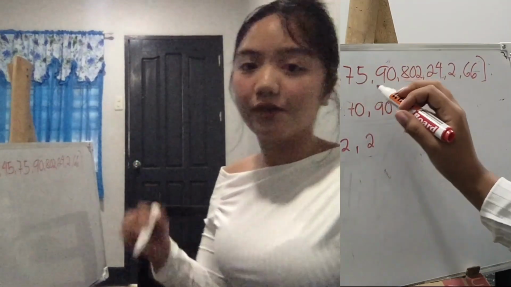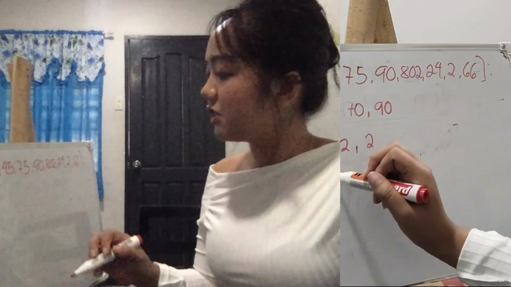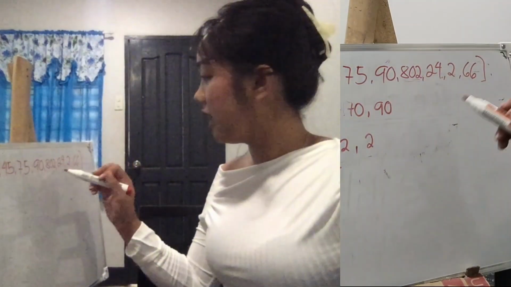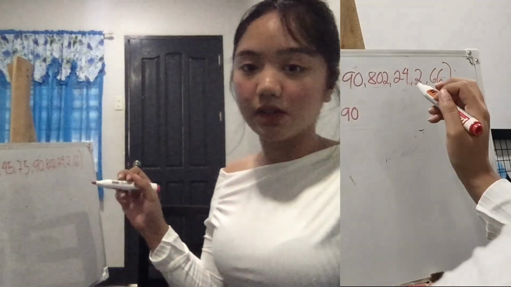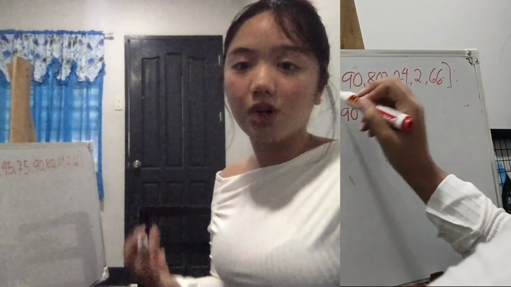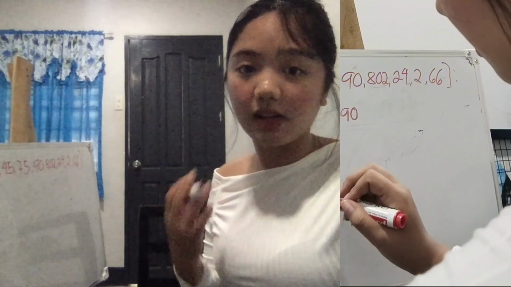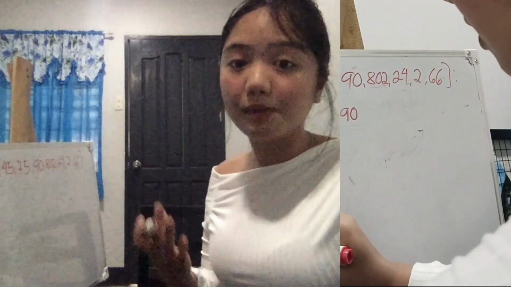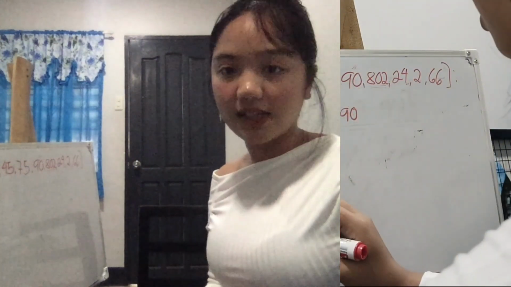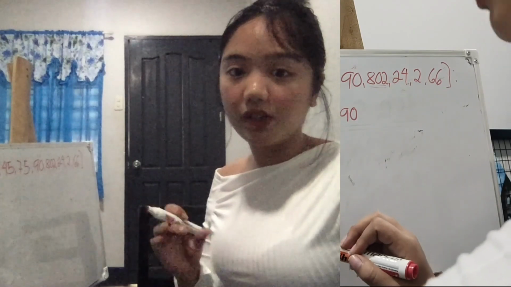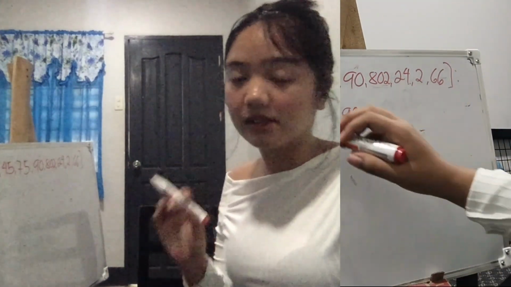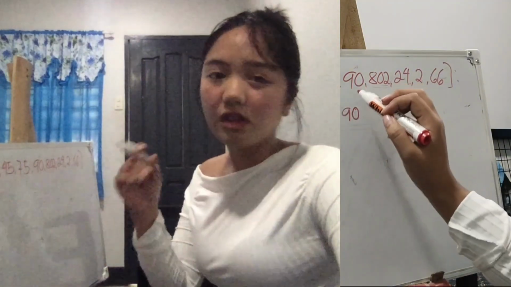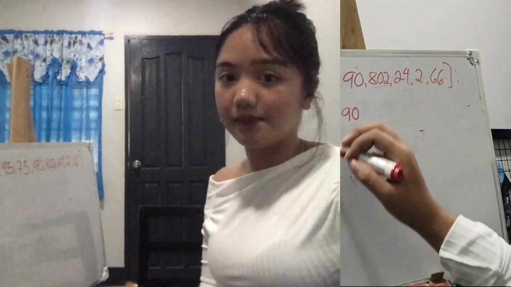Step 1, find the maximum value. The maximum value is 802, which has 3 digits. This determines the number of passes required: the ones place first, then the tens, and the hundreds.